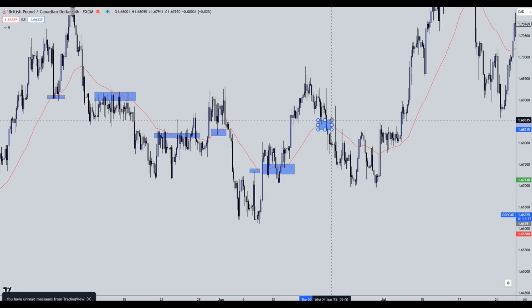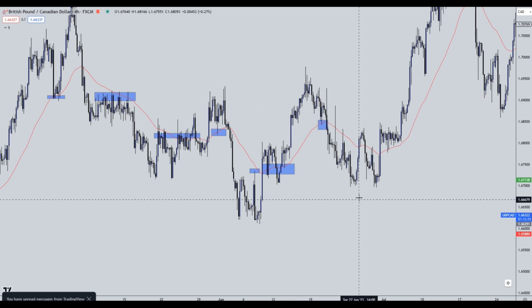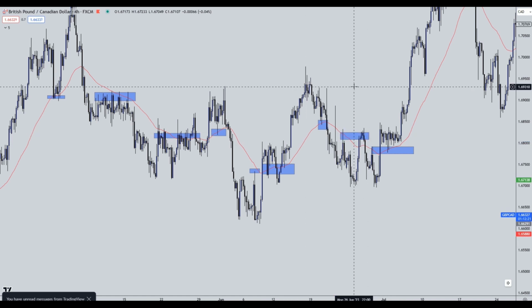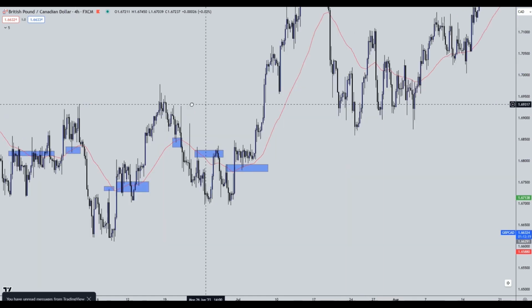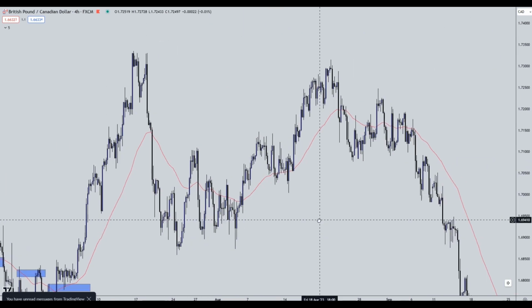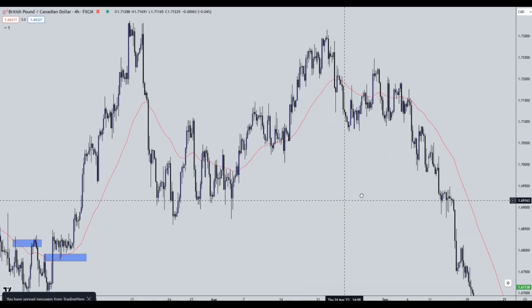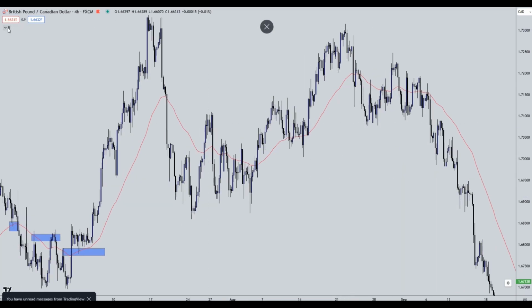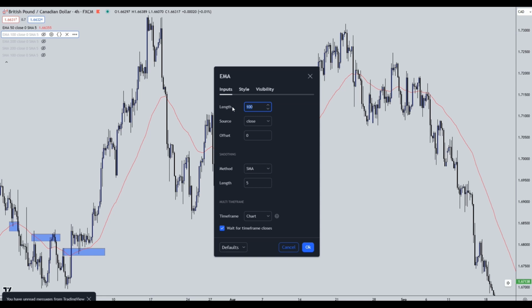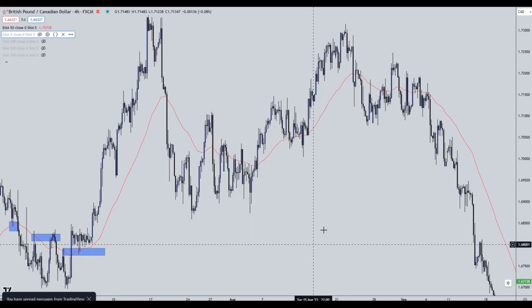So you can see, look, price is constantly wicking into this 50 EMA and obviously having a reaction. So for me personally, the 50 EMA is going to be the best one to use, but obviously the higher the time frame, it completely depends what you're doing. So the 50, 100 and 200 is what I would personally use. I know there are people out there that use the 9, the 28, stuff like that, which is completely okay, but for me it's just not weighted enough.